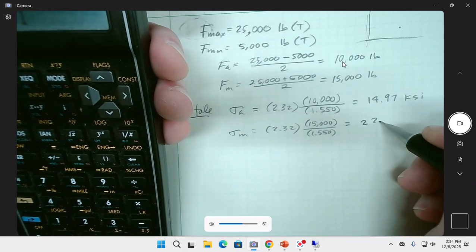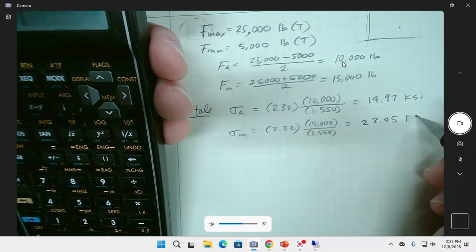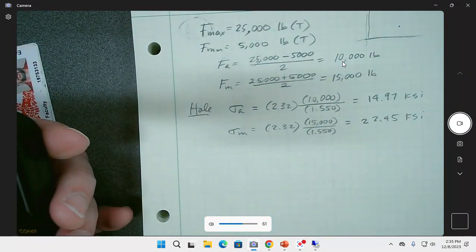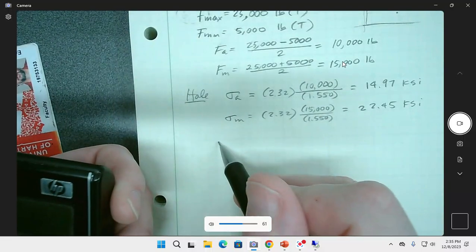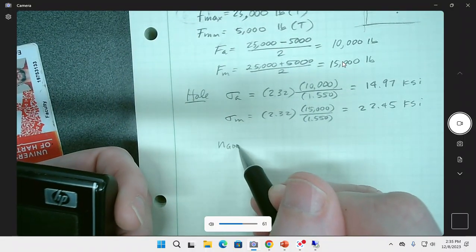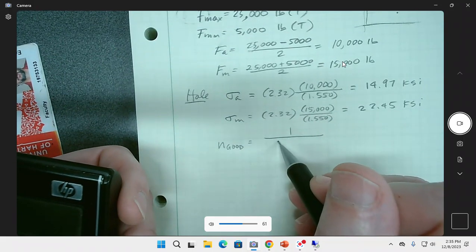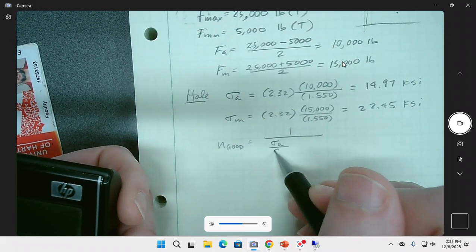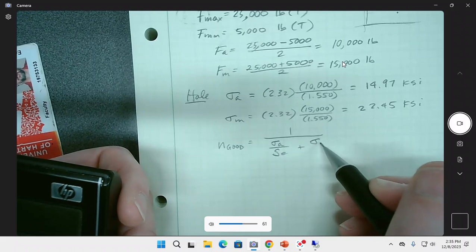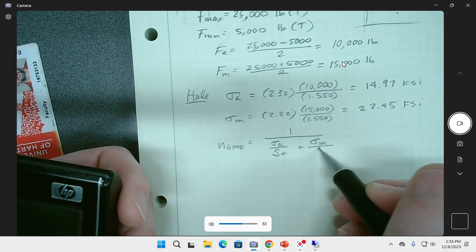So we have our 22.45 KSI. All right, let's see. Can we get the Goodman to be below one? So we go, remember, sigma A over SE plus sigma M over SUT.